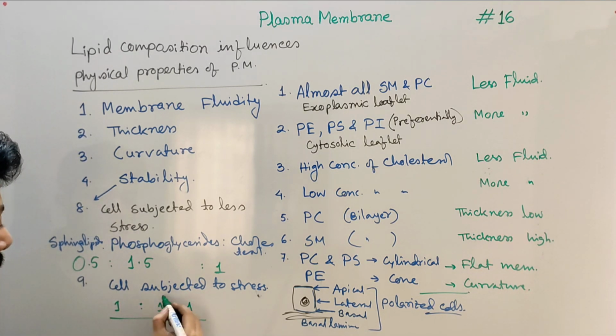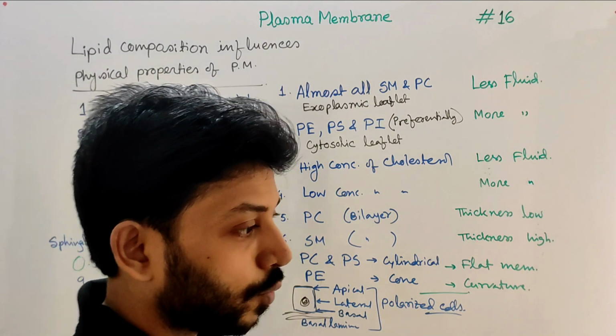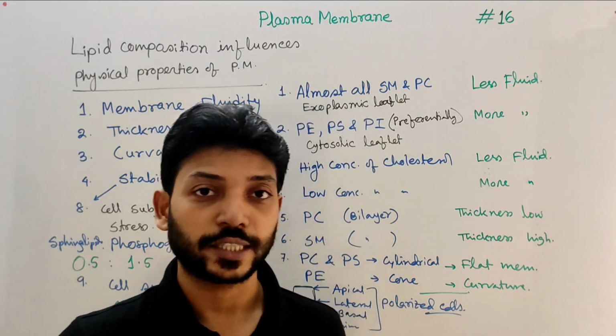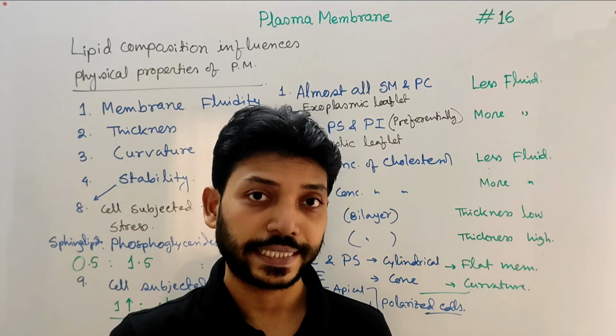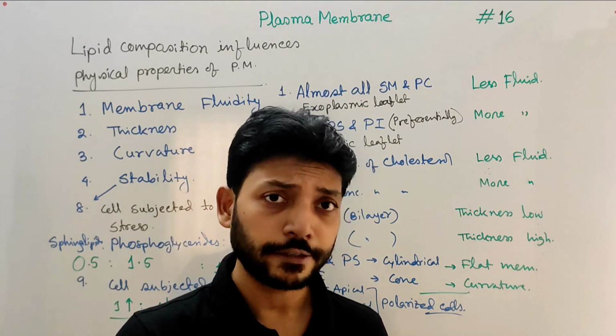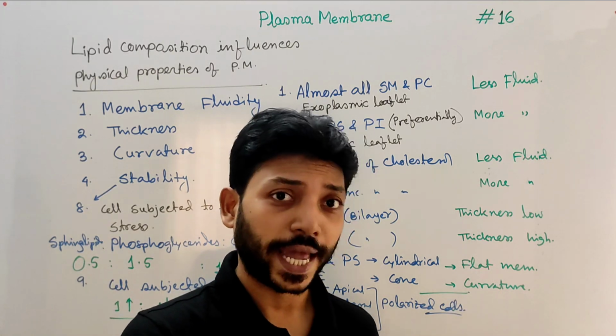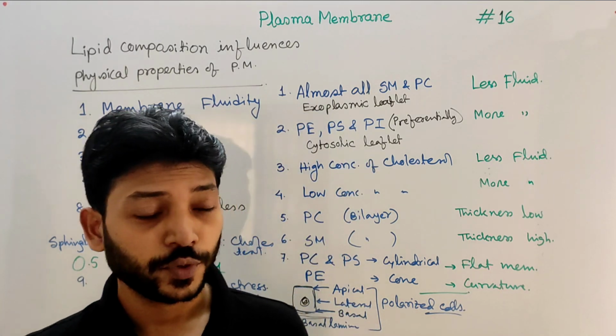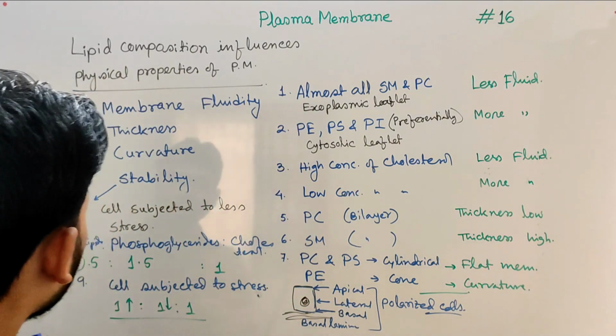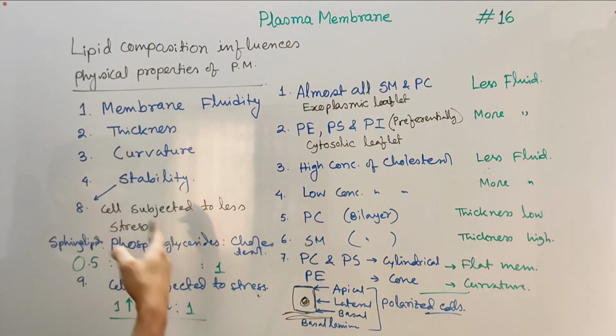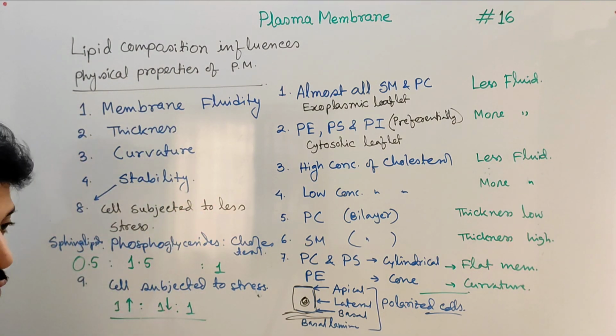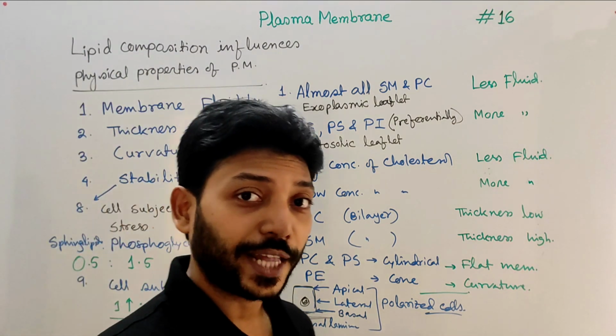Here the phosphoglyceride percentage decreases but the sphingolipid composition increases. Why? Because, as I have already mentioned, sphingolipids are more optimally stabilized because of the presence of more long and saturated fatty acids. So you see how lipid composition can also control the stability of the plasma membrane.